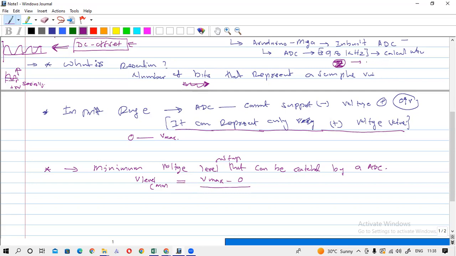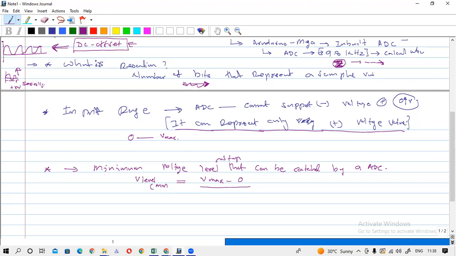Using 2 bits, you are representing a voltage value. So how many voltage values can you represent using these 2 bits?